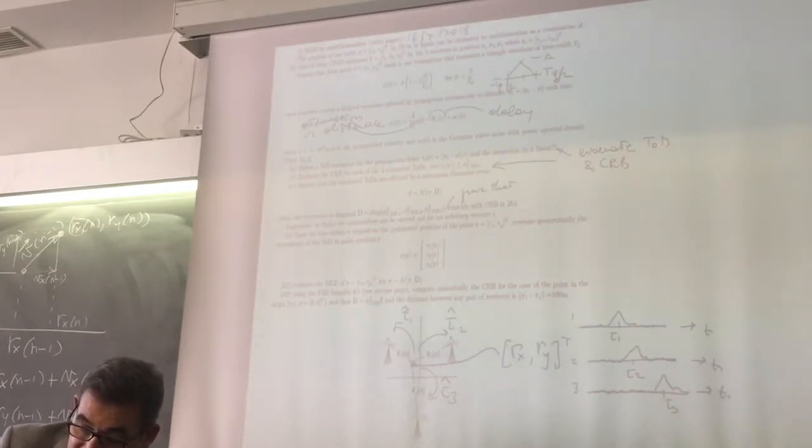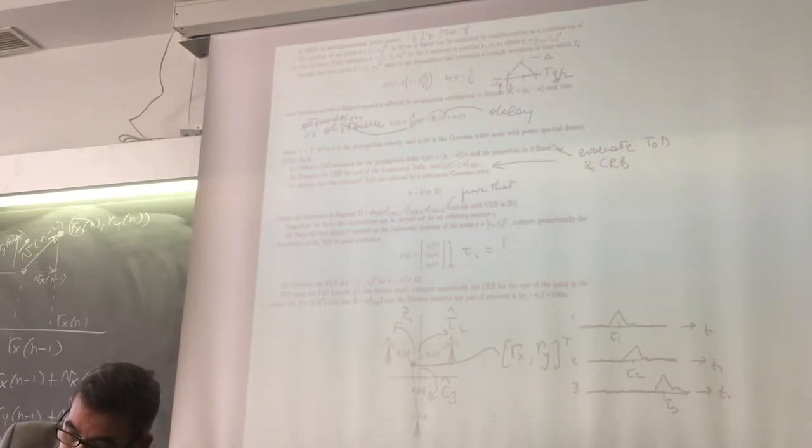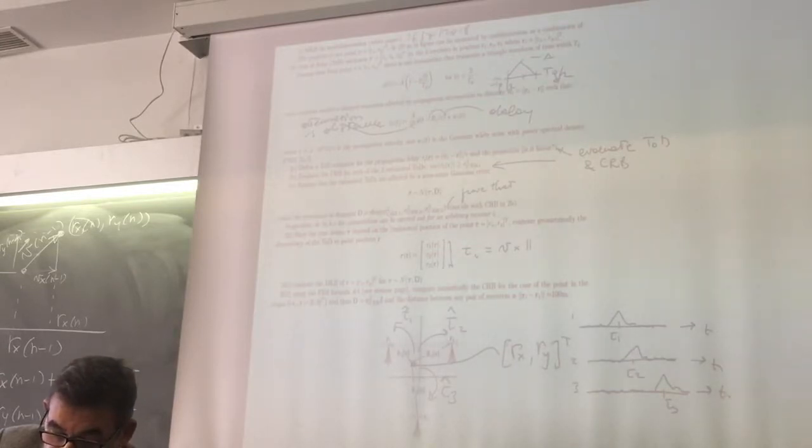So tau I is equal to the distance divided by the propagation velocity C or V, where the distance is the norm of R minus Ri, which is equal to V times the square root of (Rx_i minus Rx) squared plus (Ry_i minus Ry) squared.